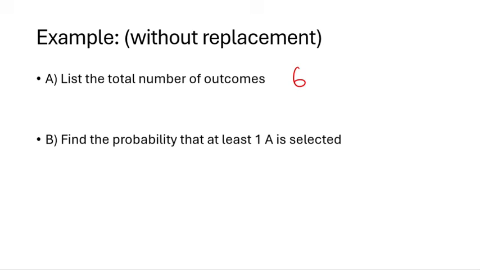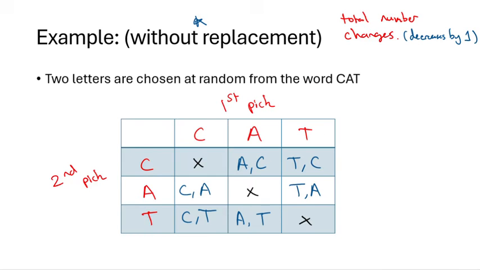And then the question will say, following up, find the probability that at least one A is selected. So just have a look through here. At least one. So I have this one, this one here, this one there, and this one there.